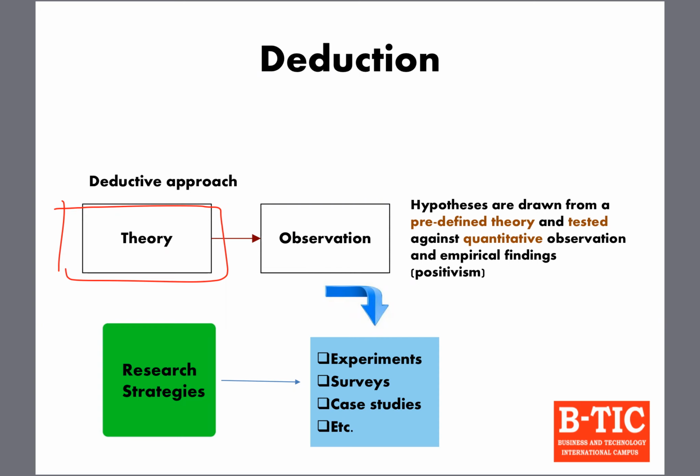We know nothing about it. So the deduction is not going to find you a vaccine for it. We have to approach in a different way, because there's no theory. So you don't approach from a theory. In that case, we'll learn that later. How do we approach that?